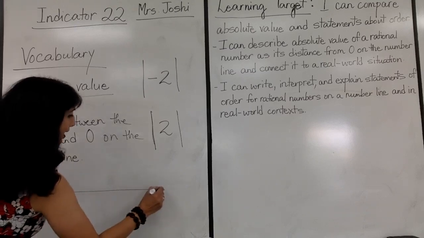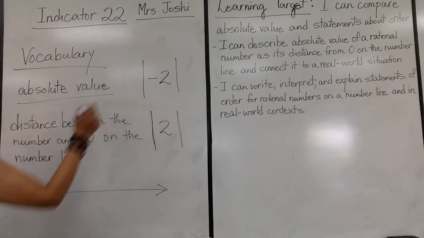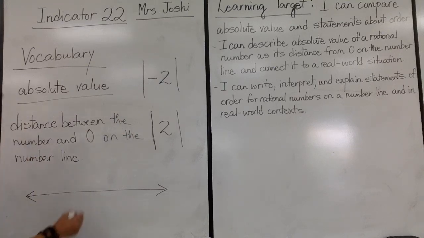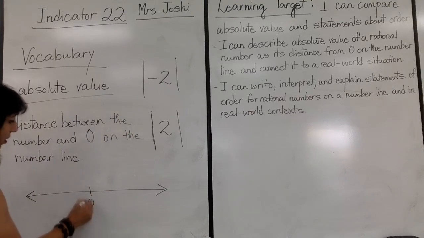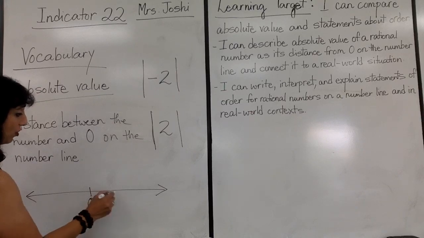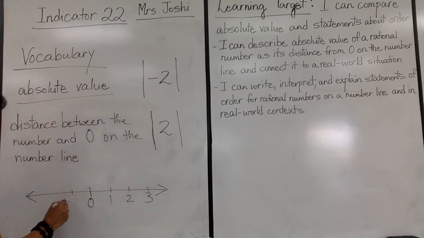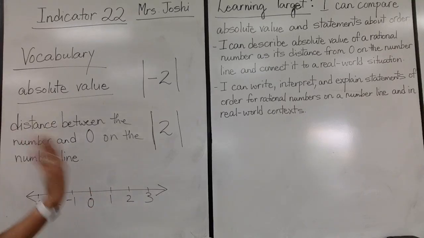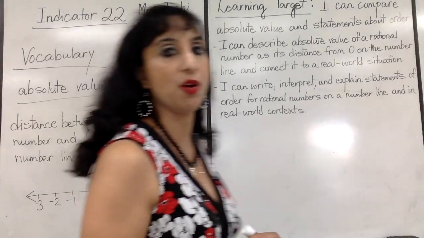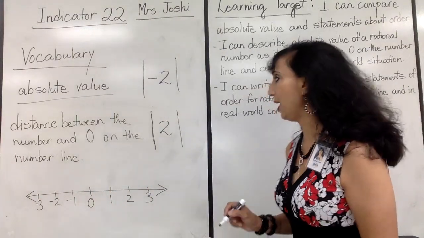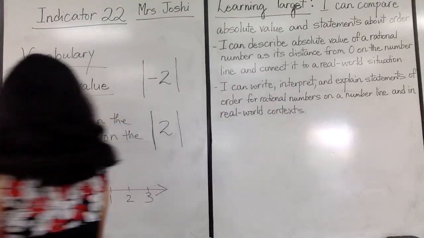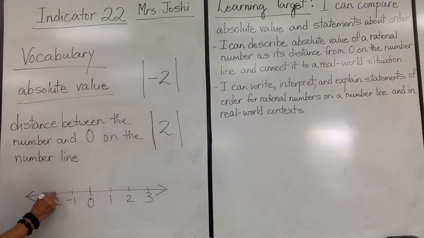So basically, let's say I said absolute value of -2, or the absolute value of 2. On the right I have positive numbers. On the left I have negative numbers being reflected off the positive side. Okay, I told you zero was your mirror. So if I'm saying -2, we can see -2 is here.